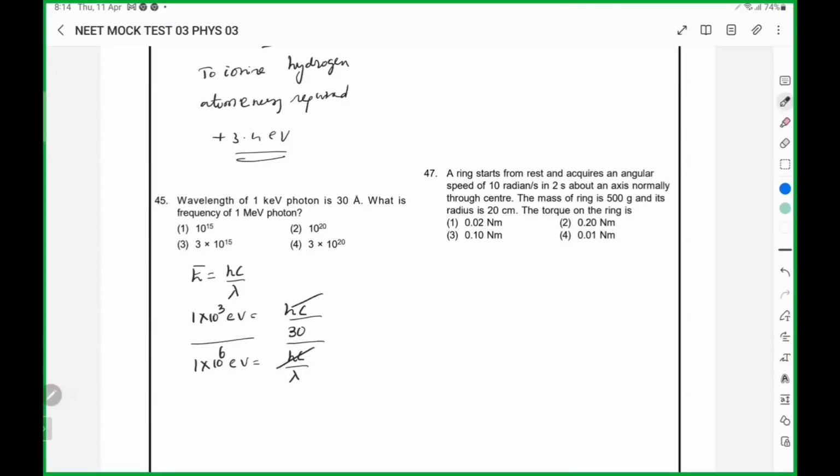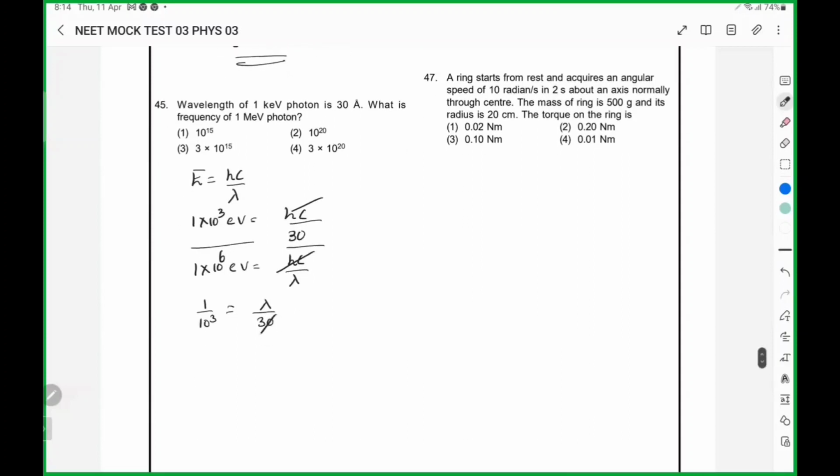So we can say 1 by 10 cube is lambda by 30. Lambda here is 3 by 10 square. So what he is asking is frequency.